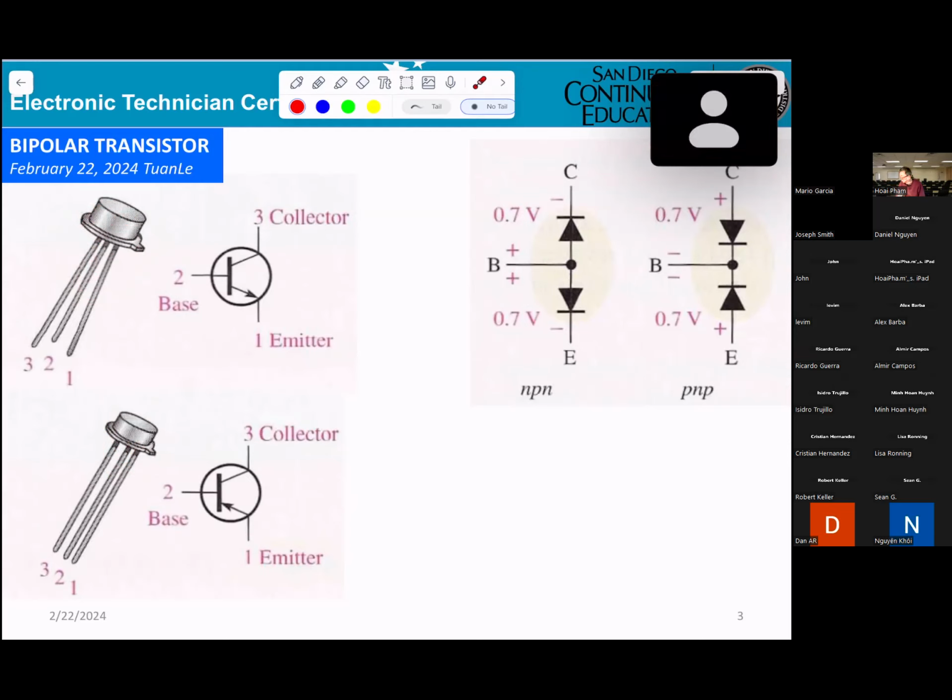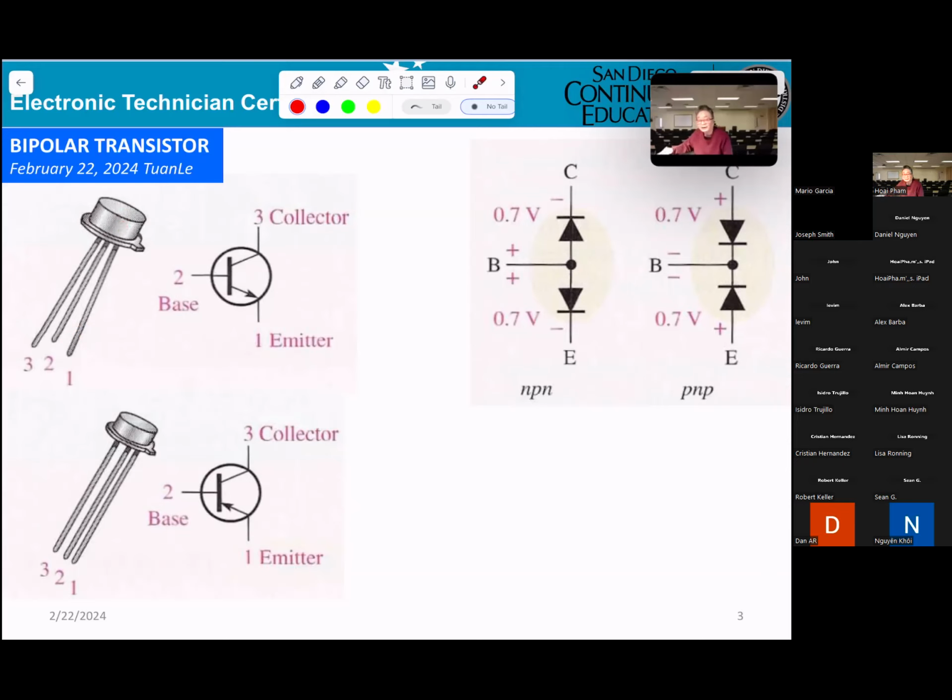Can you tell me what the item is in the picture of the component on the left side of the screen? Okay, basically that's a real NPN transistor.